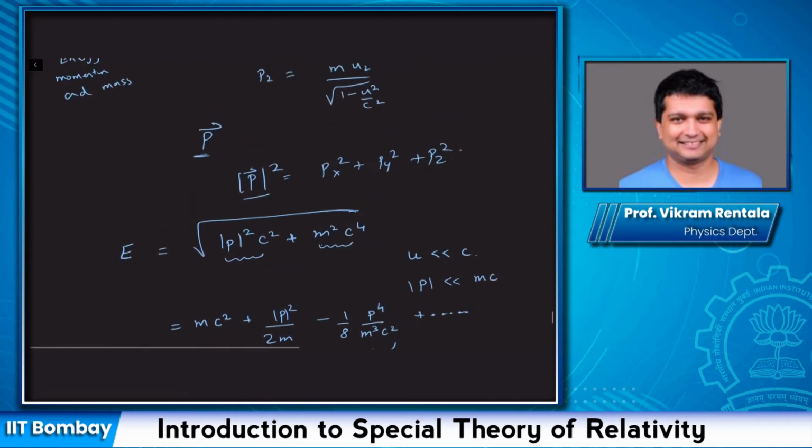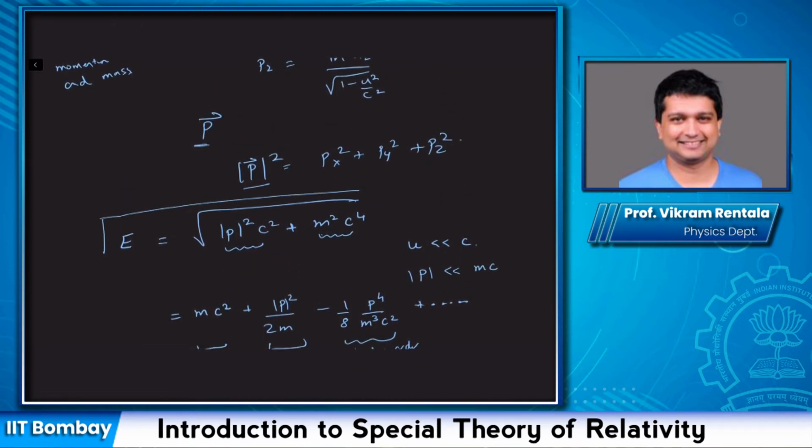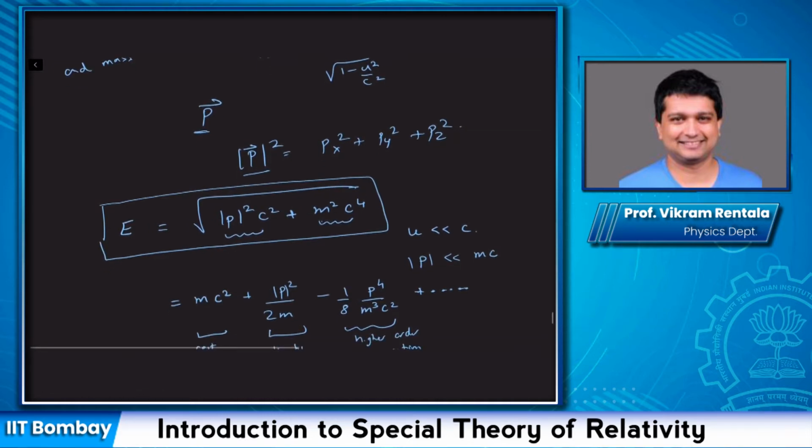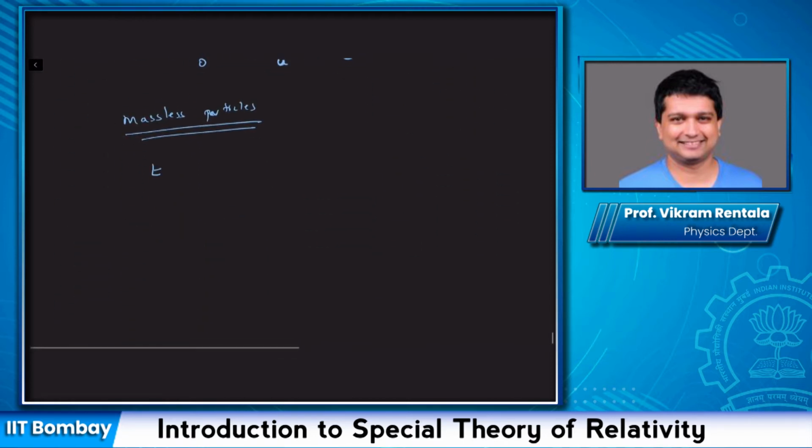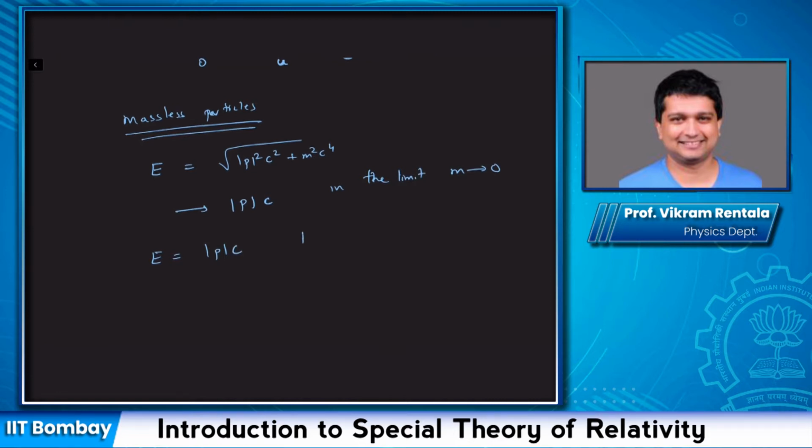However, if we look at the form of energy-momentum relation that we had derived over here, the relationship between energy and momentum takes this form. The limit of this equation is well defined in the limit that the mass goes to 0. So in this limit, the exact expression is this, and this goes to, in the limit where mass goes to 0, energy is |p| times c for a massless particle.